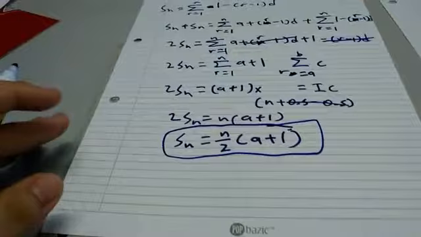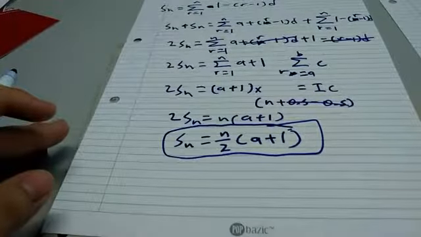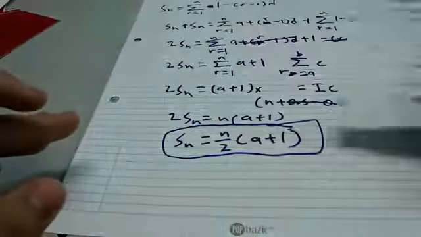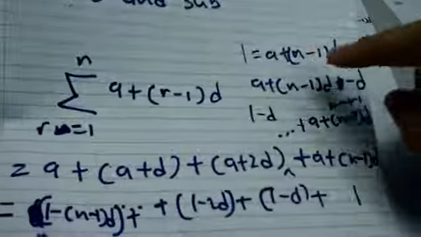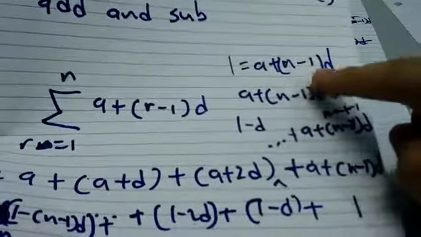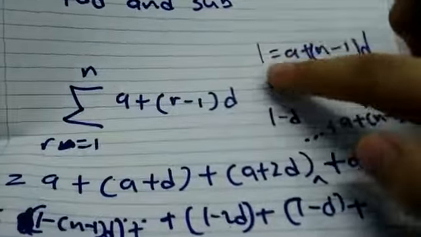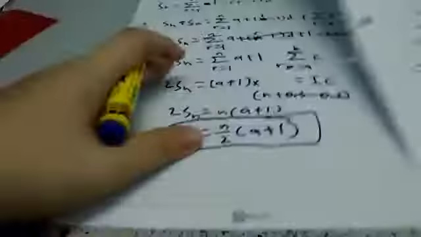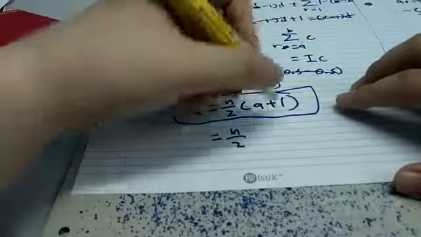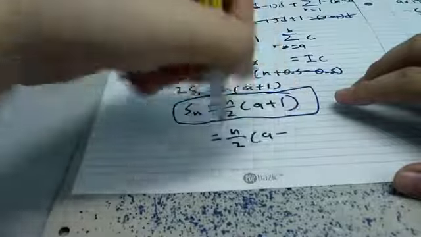And if we undo the substitution, here, L is equal to a plus (n minus 1)d. So if I substitute L to here, then this thing is equal to n over 2 times (a plus a plus (n minus 1)d).